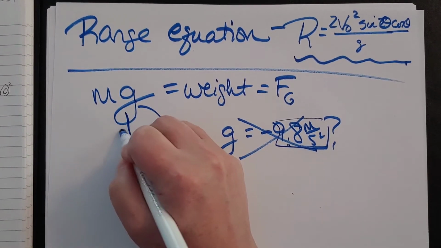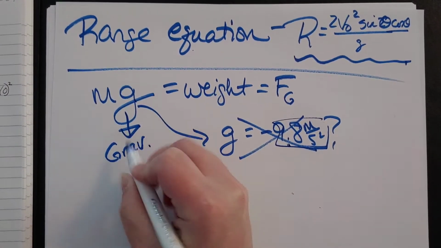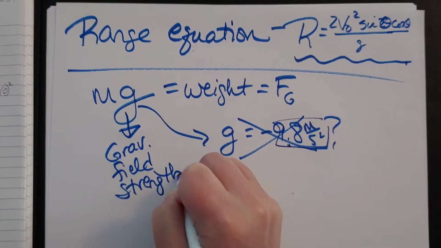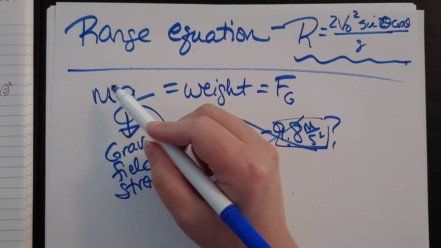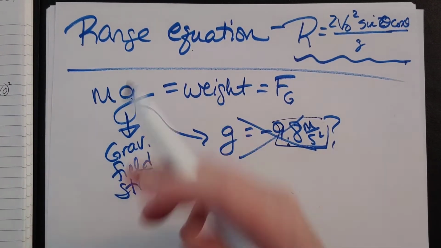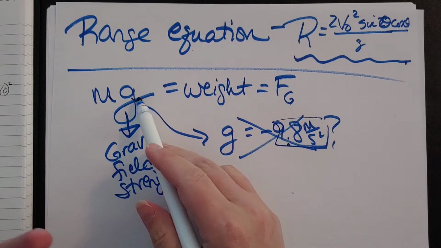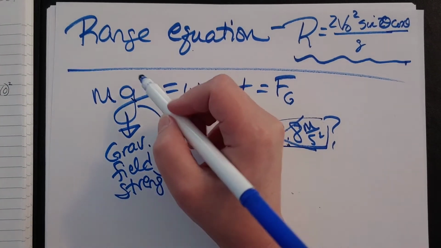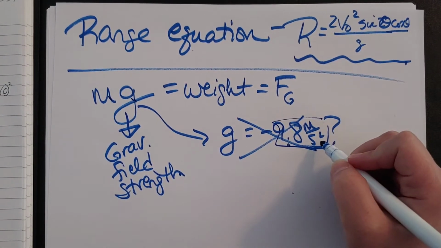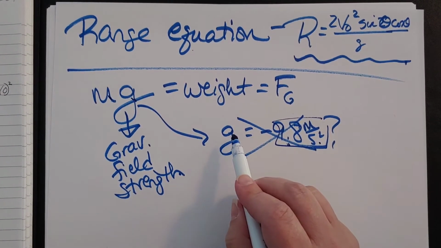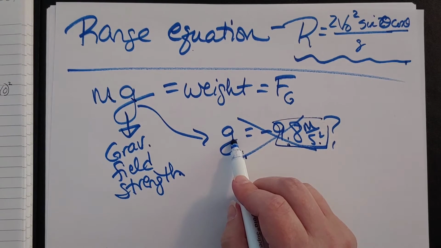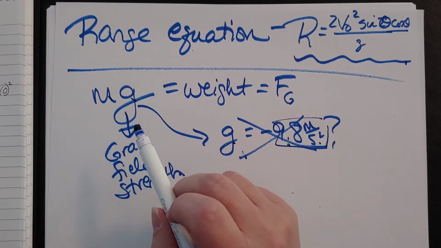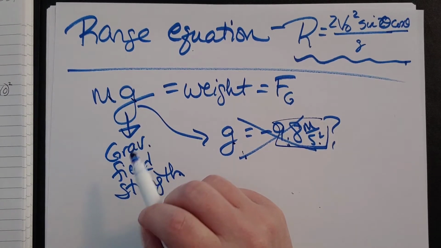But this is the gravitational field strength. It's what turns this mass into a weight. It's almost like a conversion factor for Earth, because this g is different for each planet you're on. But it is true that the magnitude of g as the acceleration due to gravity and the magnitude of g as the field strength happen to be the same.